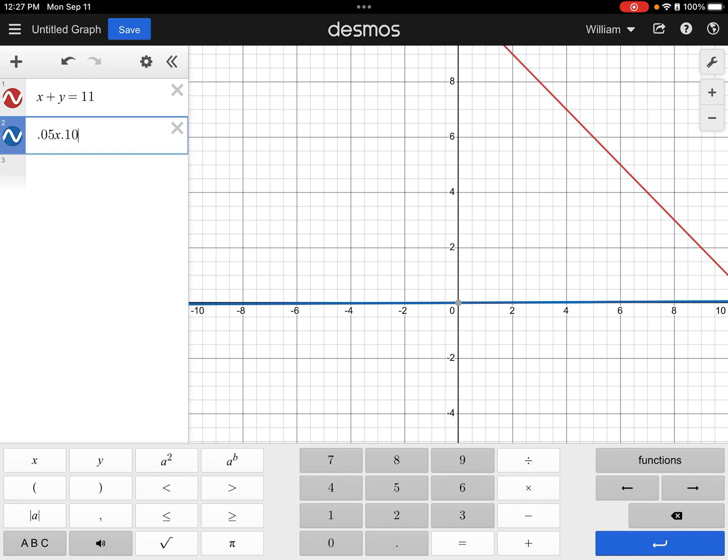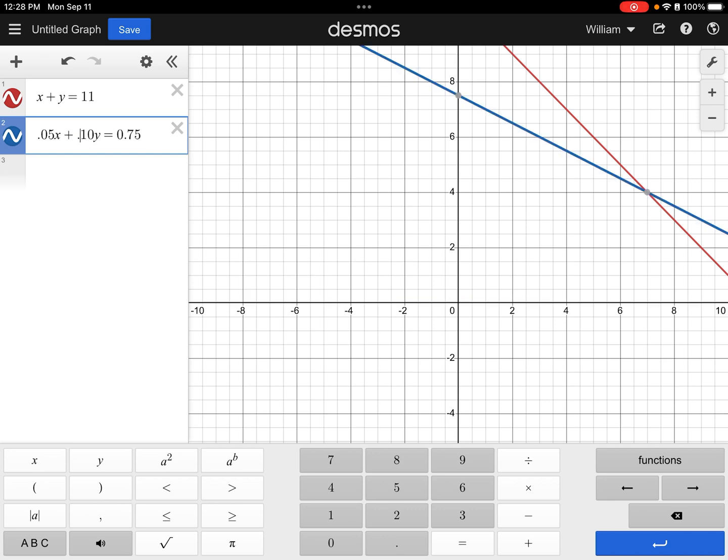You don't need to have the 1 when you graph it, but I'll put it in there. Oh, I forgot my plus sign. There we go.